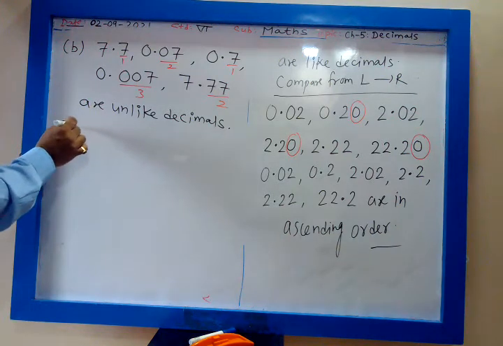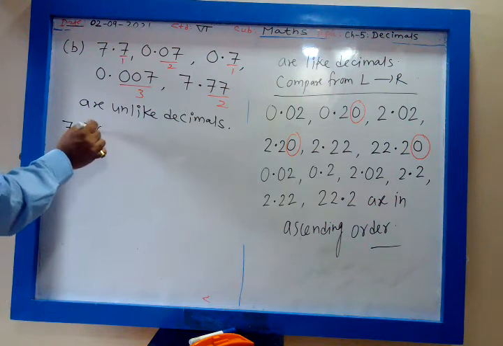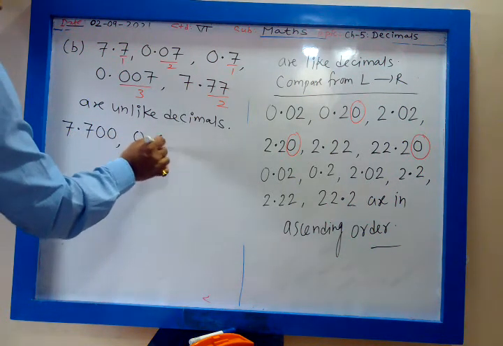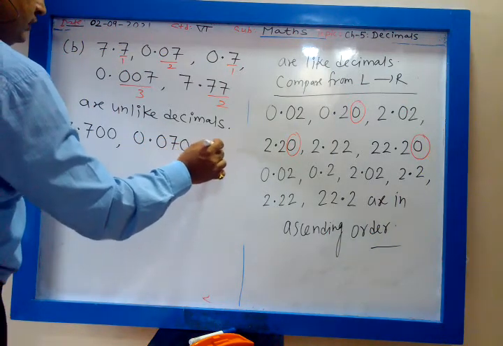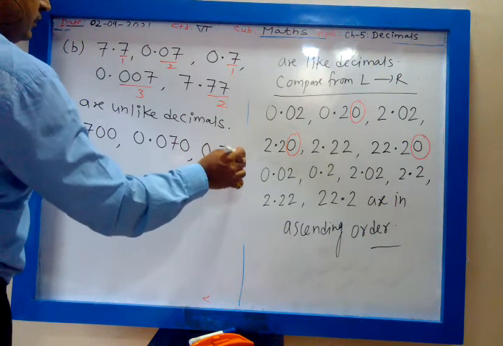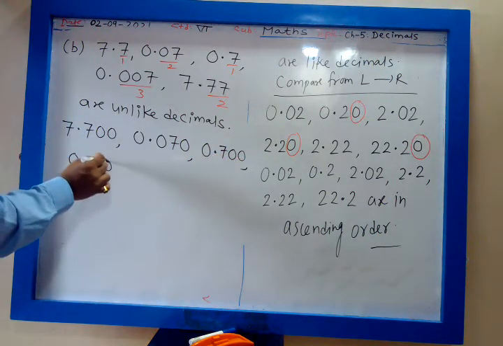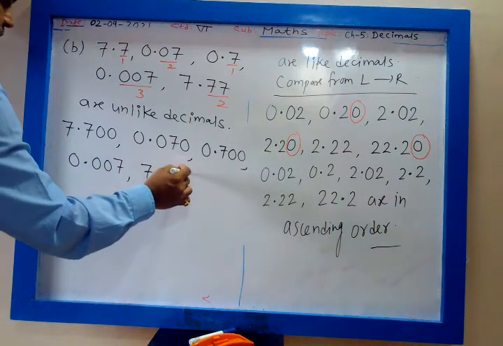The maximum number of decimal places is 3. So 7.700, then 0.070, then 0.700, then 0.007, then 7.770.